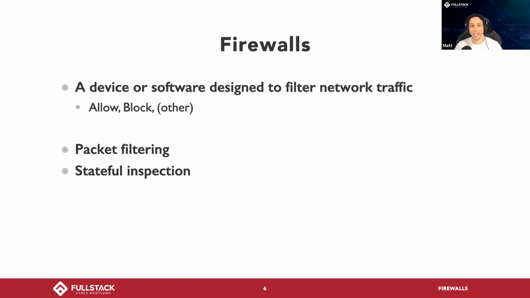So it will try to understand the TCP three-way handshake and the flow of traffic. It'll use the TCP flags in addition to the 5-tuple. We're getting more information that it pays attention to before it decides whether to allow or block. A little bit more advanced.